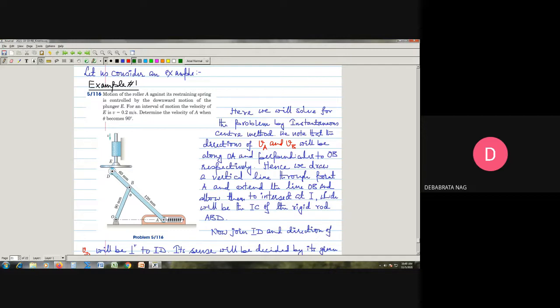The other end of this link is also fitted with a small roller, which moves against a spring fitted inside a slot which is perfectly horizontal. So it is pretty obvious that the point A is constrained to move along this horizontal direction. However, point D will have both the vertical up and down motion as well as horizontal left and right motion.